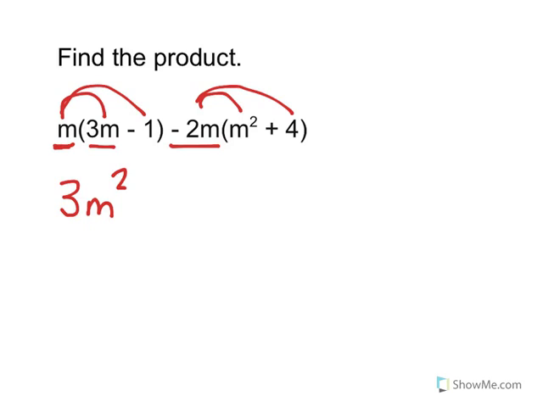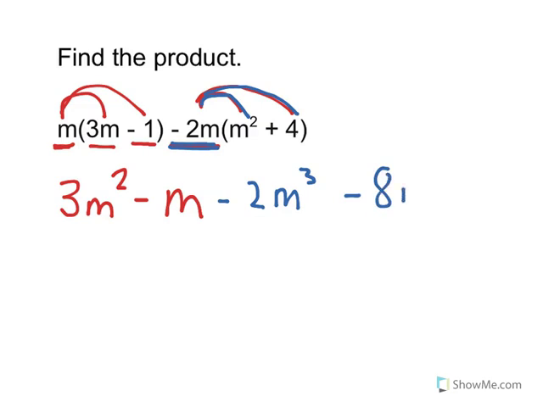Let's take m times negative 1. That's negative m. Now for the second polynomial, let's take negative 2m times m squared, which would be negative 2m to the third. And then let's take negative 2m times 4, which would be negative 8m.